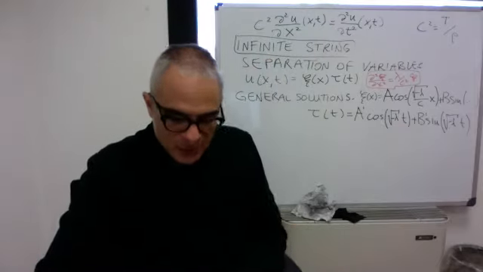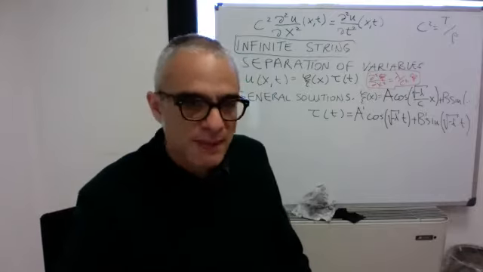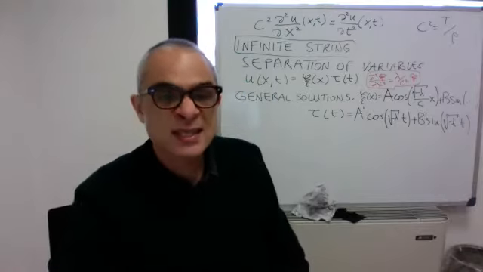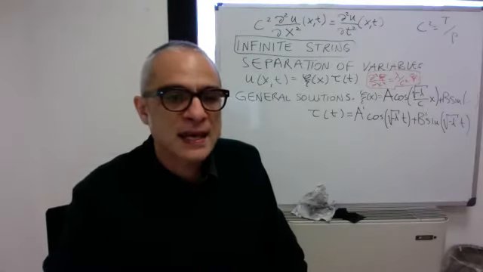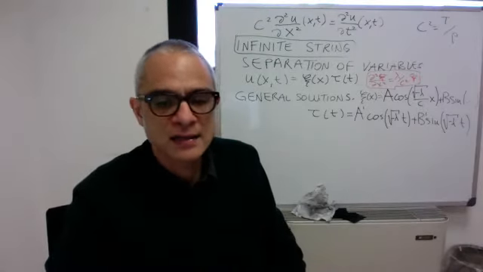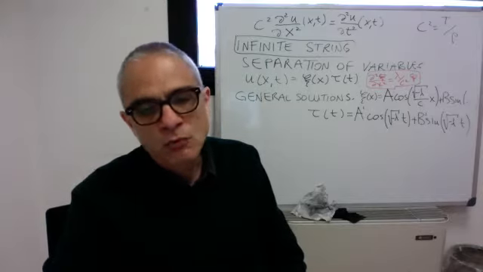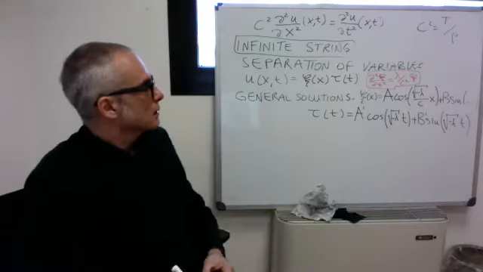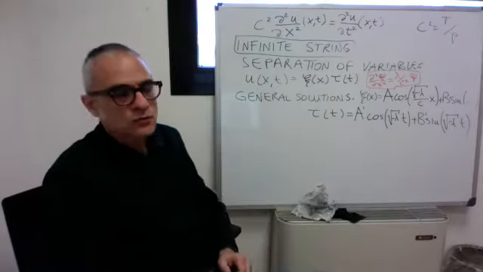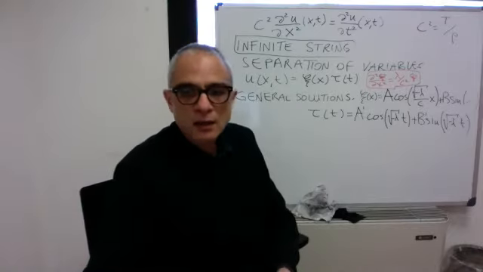If the string is infinite and if we don't specify some initial state for the string, we cannot say anything more about these problems. I don't think it's worth discussing this infinite string with no initial conditions problem anymore.